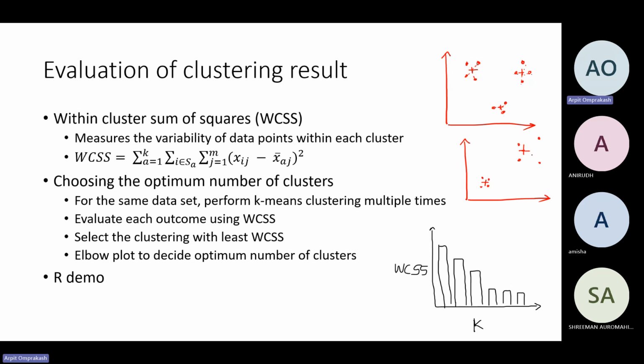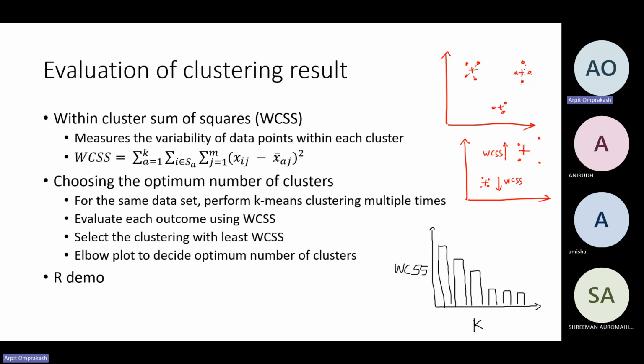In this case, you will get a higher value of within cluster sum of squares, and here you'll get a lower value. So what we want to do is minimize the within cluster sum of squares so that we get clusters that are tightly bound together, or more likely to be homogeneous.